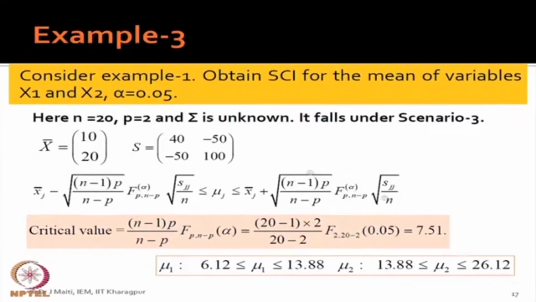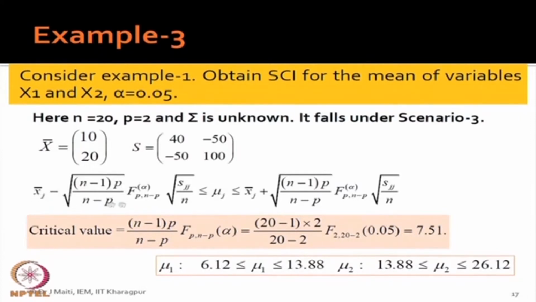Everything is given here. You see, x1 bar is 10, x2 bar is 20, S11 is 40 and S22 is 100, and you require to know the value of (n minus 1) p by (n minus p) times F. Earlier we have already seen that the critical value is 7.51.